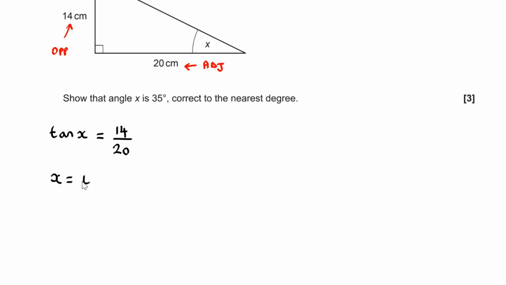So x is equal to the inverse tan of 14 over 20, rather than 25.